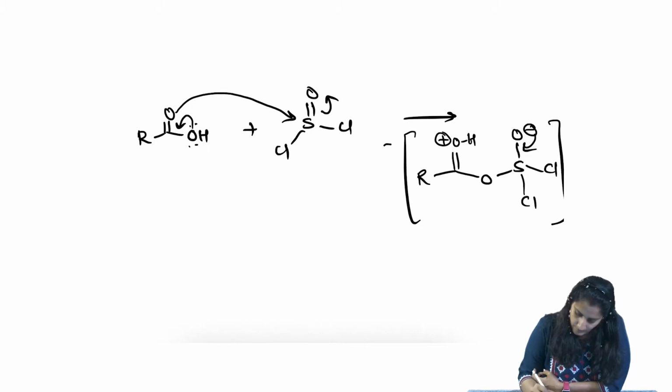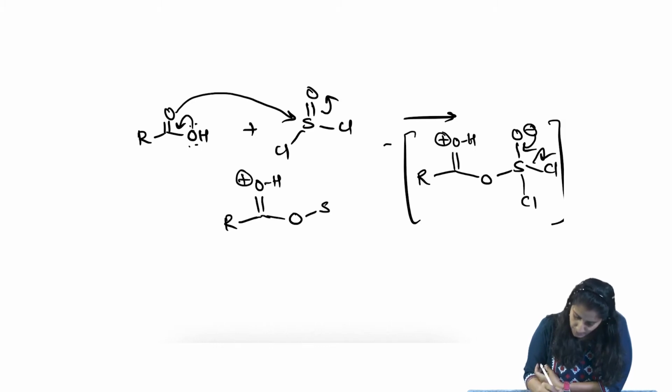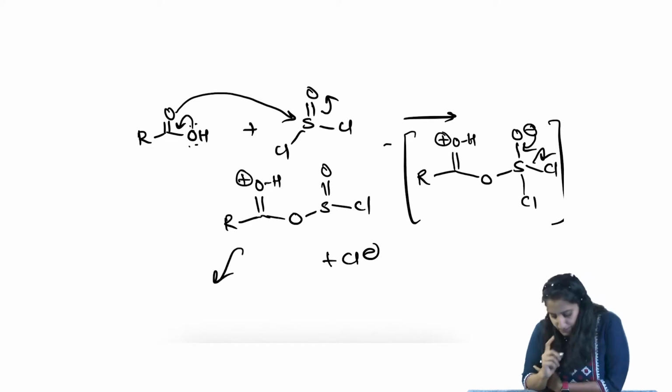Okay. Now, this oxygen is going to come back, kick out a chlorine, forming an intermediate. Typically, this reaction is done in the presence of a base, pyridine and thionyl chloride for example, which will also take care of that proton here.